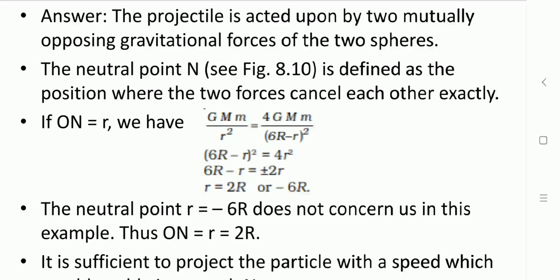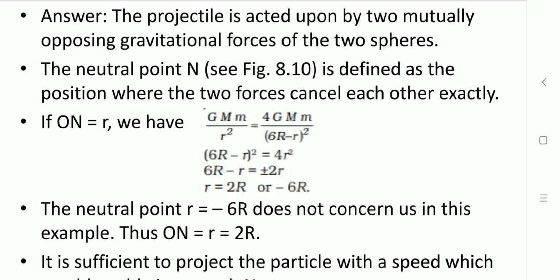By solving this equation, we get small r equal to 2R or minus 6R. Minus 6R cannot be defined here. So the neutral point would be equal to twice of R.